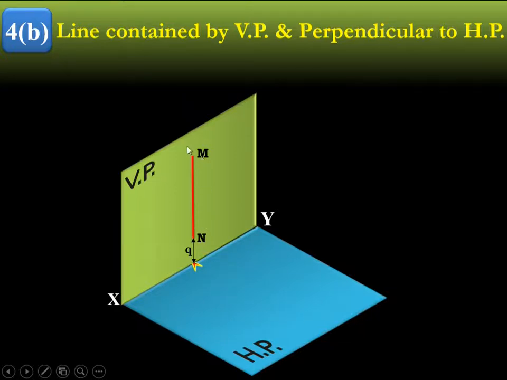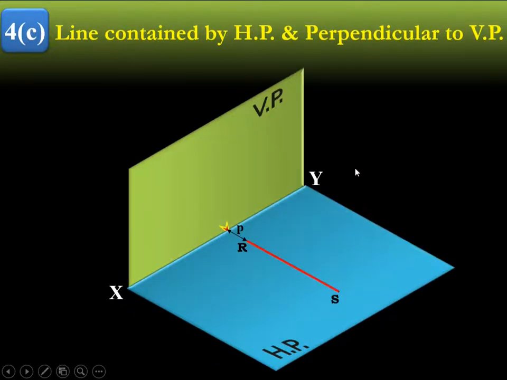Contained by vertical plane means the in front of distance between the vertical plane and the line MN is 0. Now let us move on to the third subdivision under the fourth category, line contained by horizontal plane and perpendicular to the vertical plane.